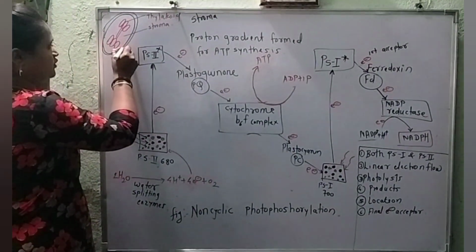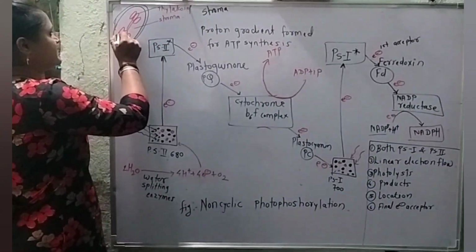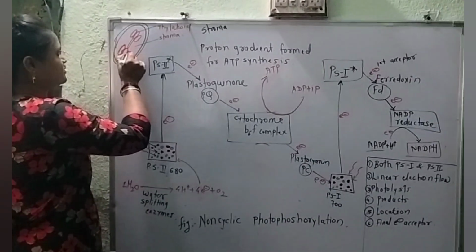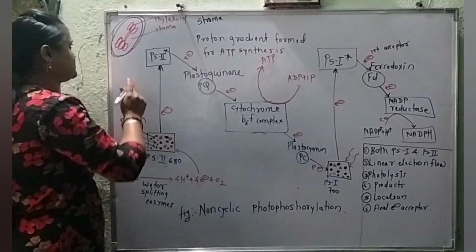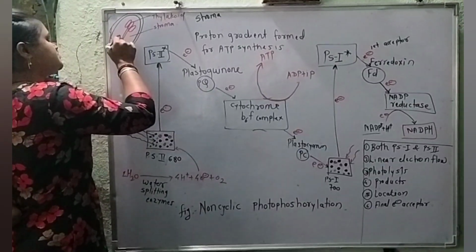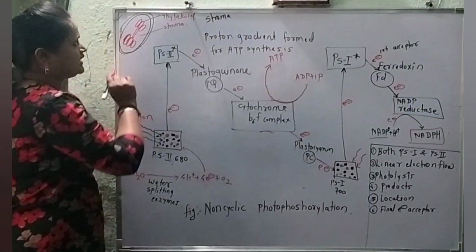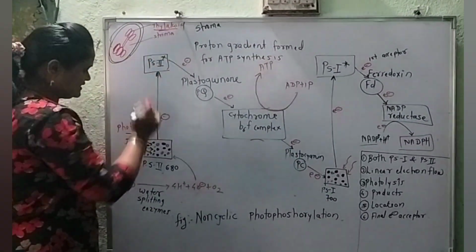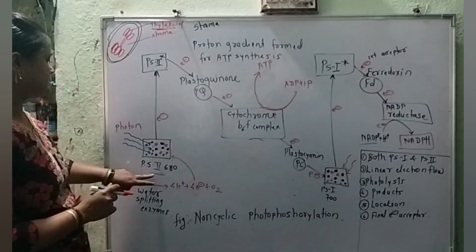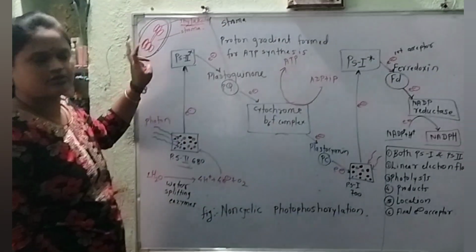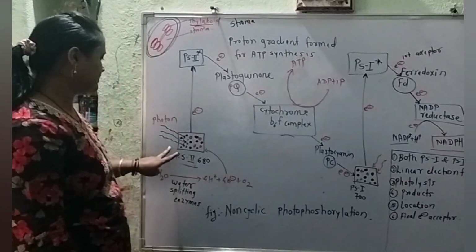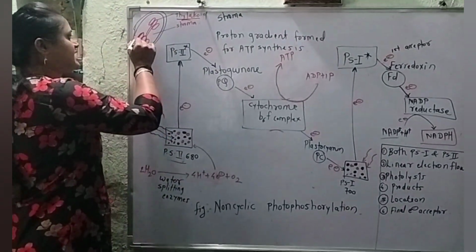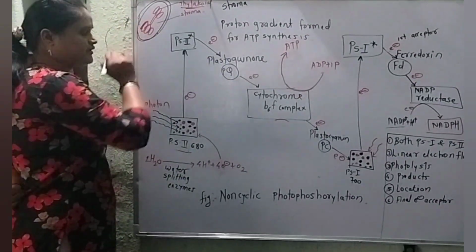So this is the chloroplast, and in the chloroplast we see the disc-like structure known as a thylakoid. The pigment system is situated on the membrane of the thylakoid. All the pigments are situated in the thylakoid.